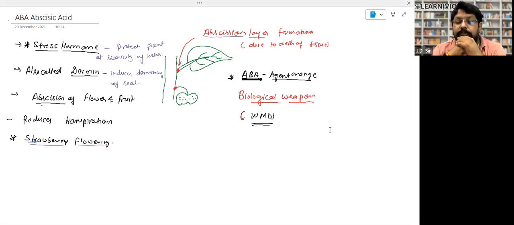ABA is a stress hormone. To answer the question of which hormone is called the stress hormone in plants: ABA is a stress hormone as it protects the plant from the scarcity of water. Full stop.